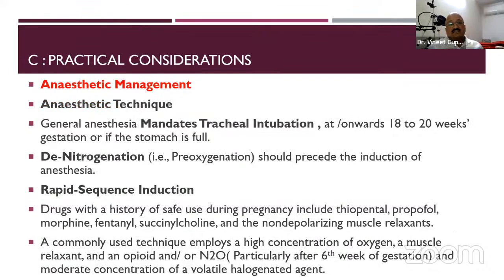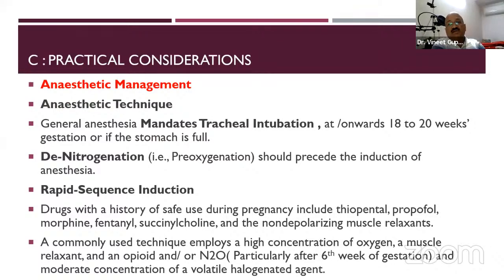Then anesthetic technique. General anesthesia mandates tracheal intubation from 18 to 20 weeks gestation onwards, or even if it is less than 18 to 20 weeks, if the stomach is full. The point is, we can get away with a supraglottic device in many non-pregnant general anesthesia patients, but be careful while using supraglottic airways during early pregnancy.